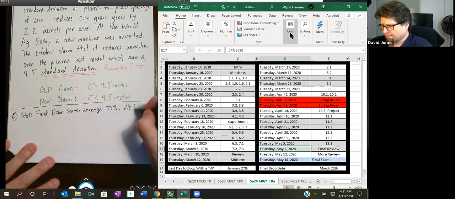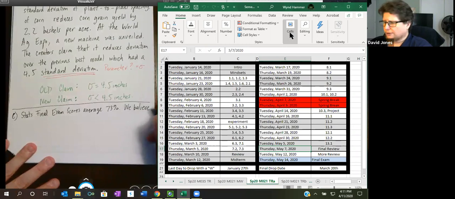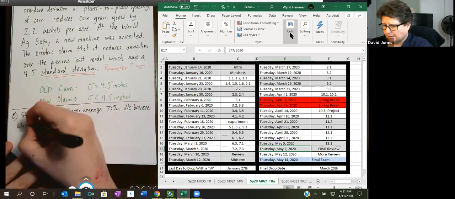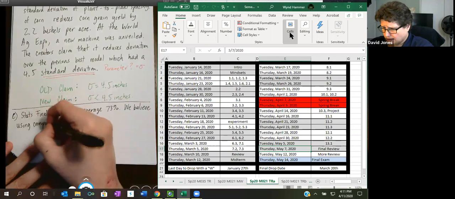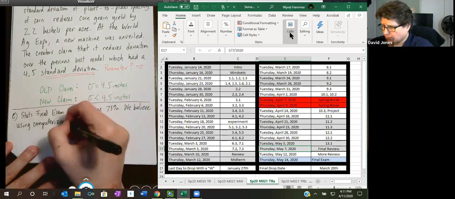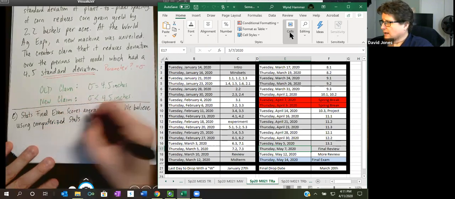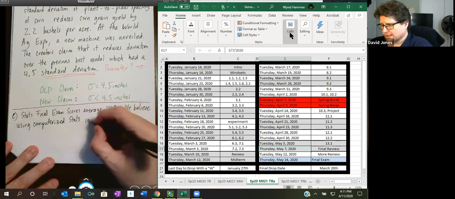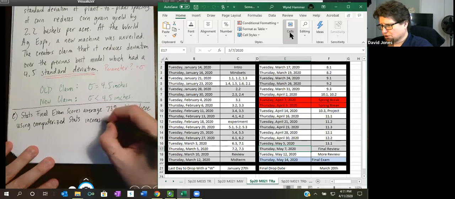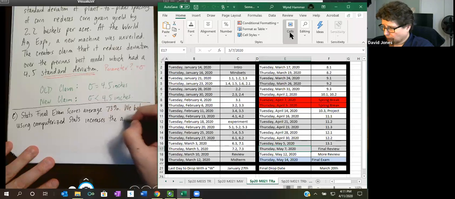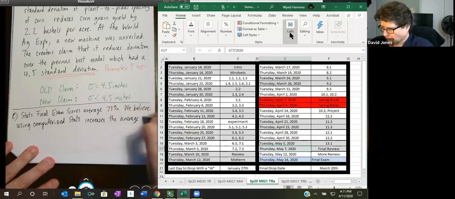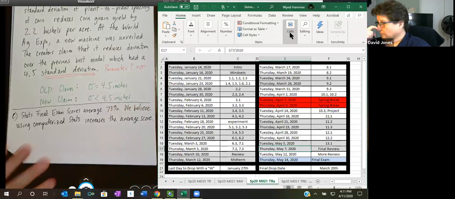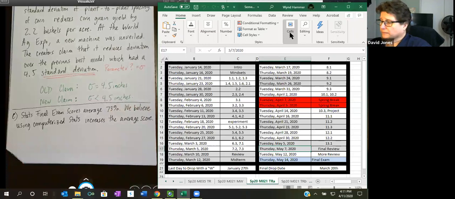We believe using computerized stats increases the average score. What's my parameter here?